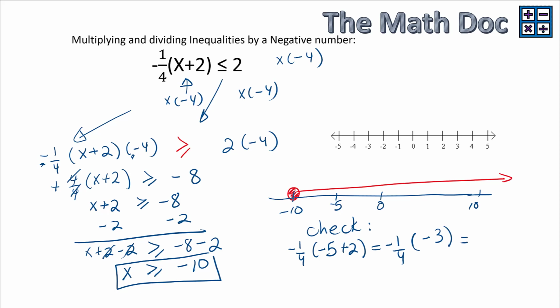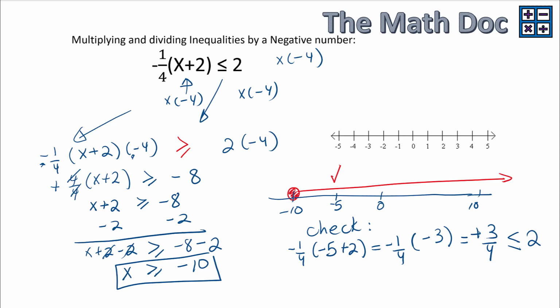That is equal to plus 3/4, right? Plus 3/4 is less than 2. And so at negative 5, we are okay.